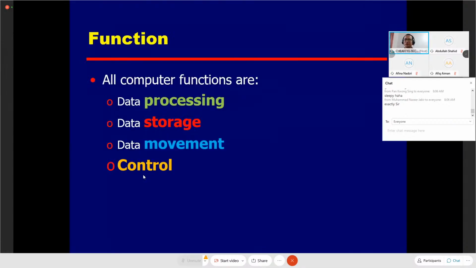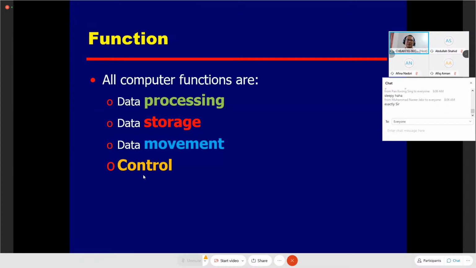Okay, to continue the slide deck, let's discuss in a little more detail what constitutes the function of the computer, or the function of the various structural parts of the computer. Basically, all computers do four main functions.